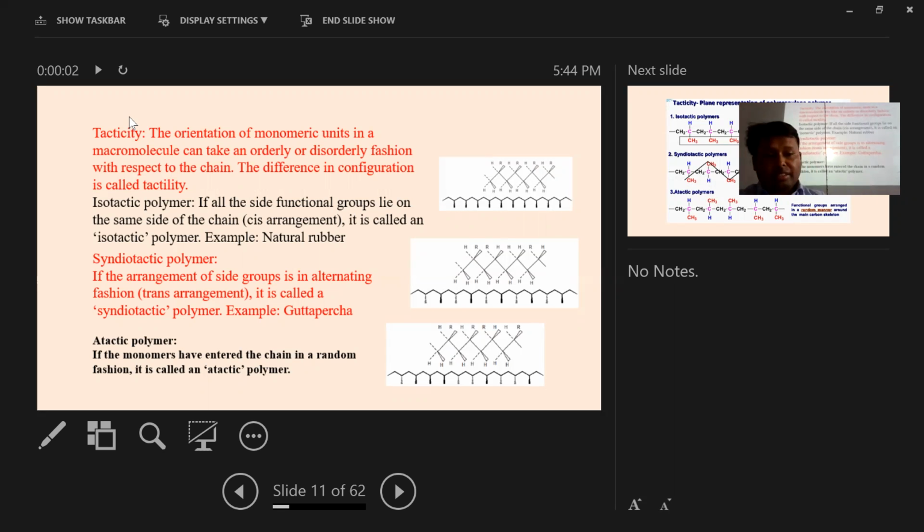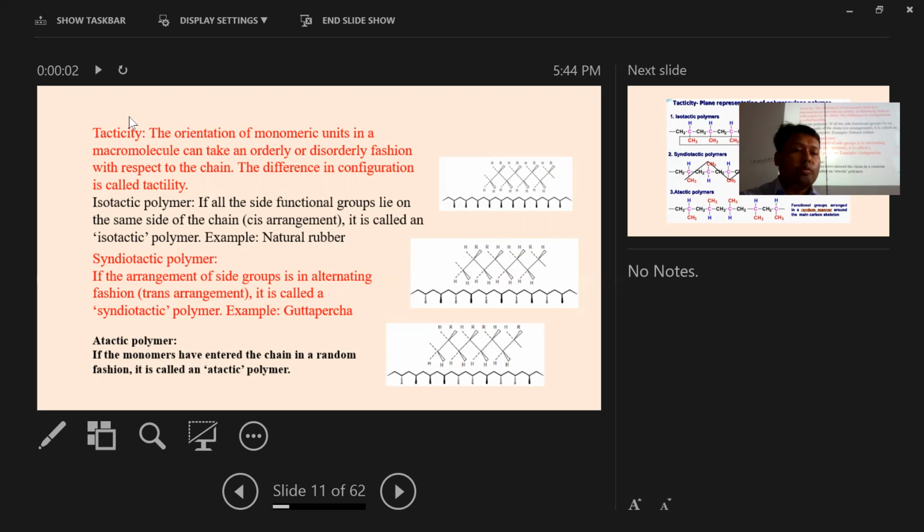Till now, whatever we have learned today, all the things come with the word. If you can understand the meaning of the word, then you can define it. So isotactic polymer means the same thing. If the functional groups are on the same side, then we can consider that isotactic.